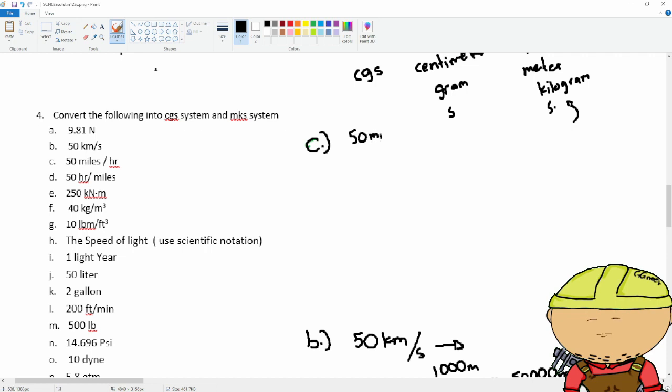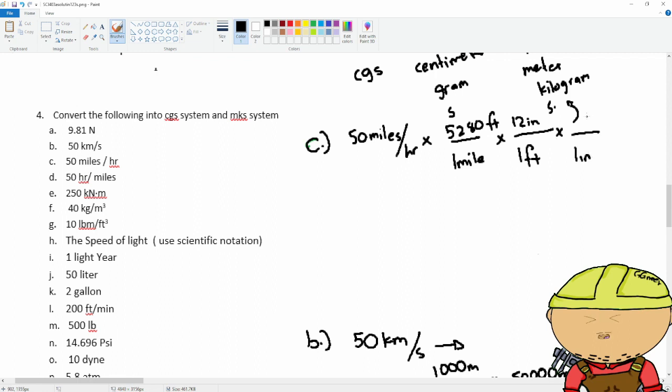50 miles per hour. We're gonna convert that to MKS first. 1 mile is 5,280 feet, and 1 foot is 12 inches. 1 inch is 0.0254 meter.